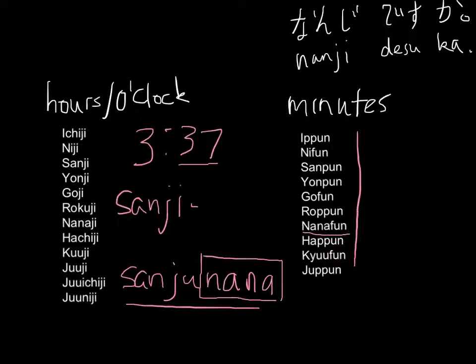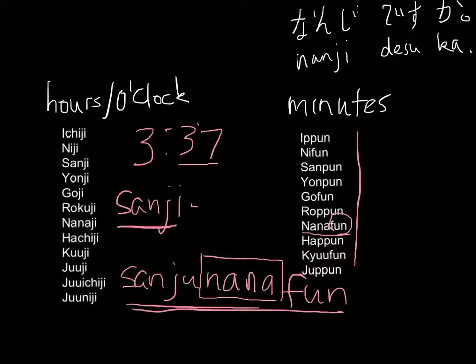So sanju nana, the number 37, if I'm changing it into the minute counter, changes to sanju nana fun. So the whole thing is 3:37, and it turns into Japanese as sanji sanju nana fun.